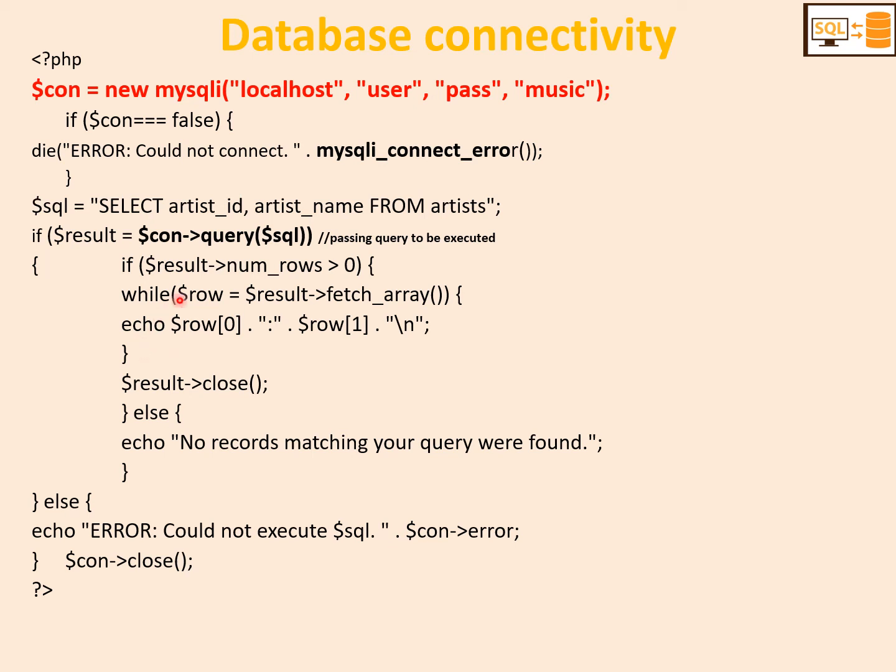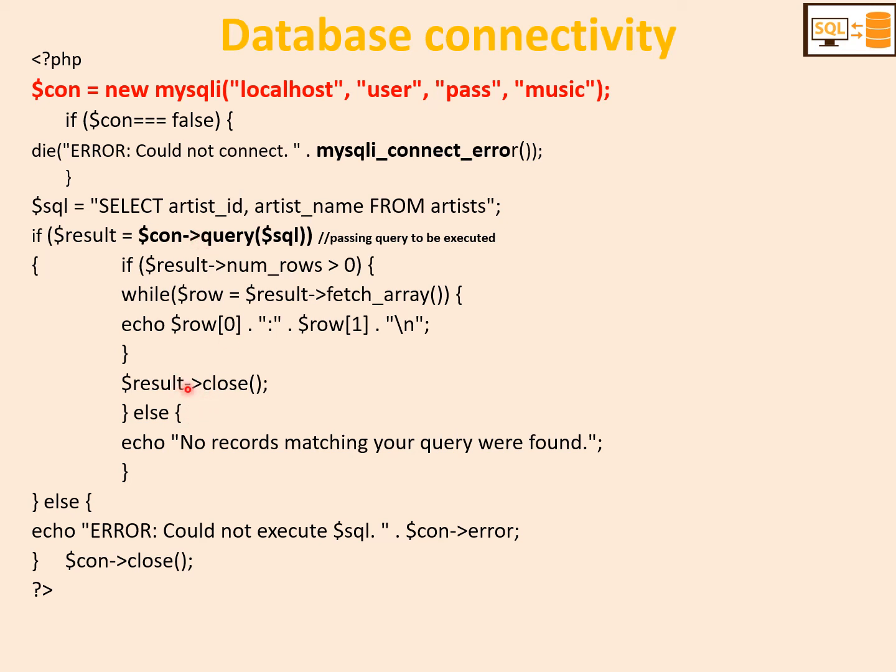After extracting all the rows from the resultant variable, the while loop will be exited. Then the resultant variable is closed using the result close function. This arrow is used for accessing a particular function which can be used with that particular variable.